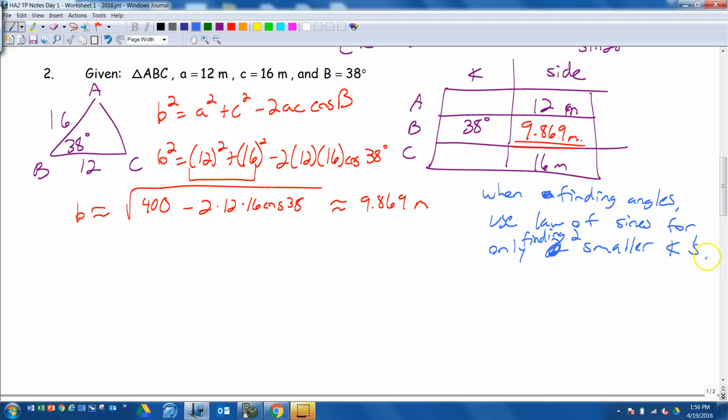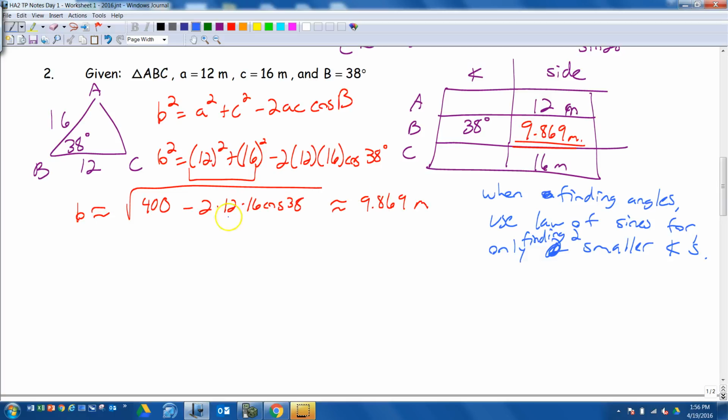Because the calculator sine inverse does not give you anything greater than 90. So if you try to find angle C right now with law of sines, it won't work if it's an obtuse angle.